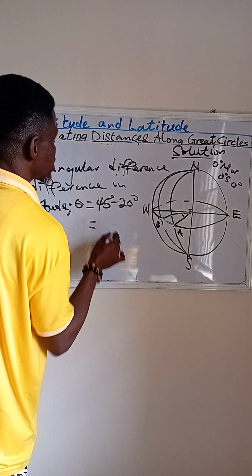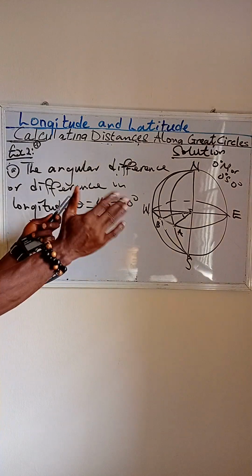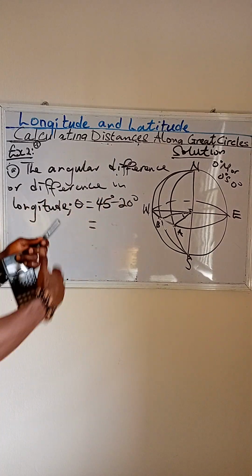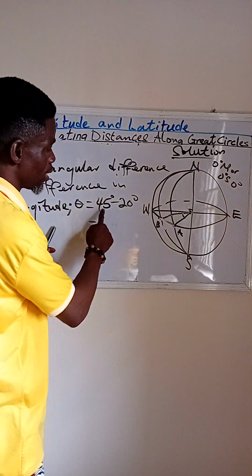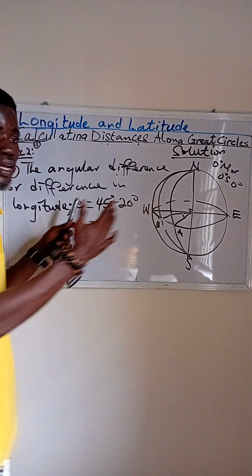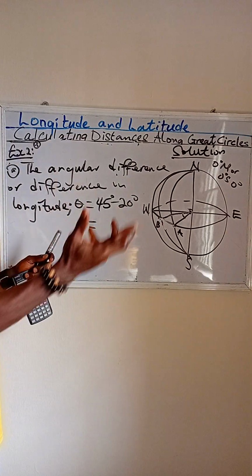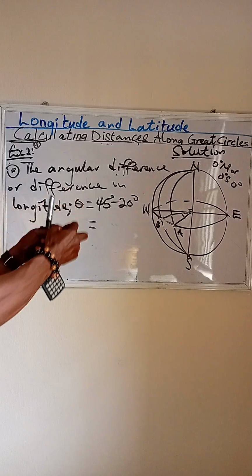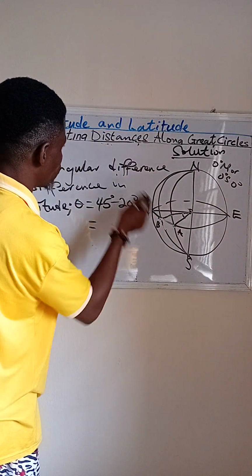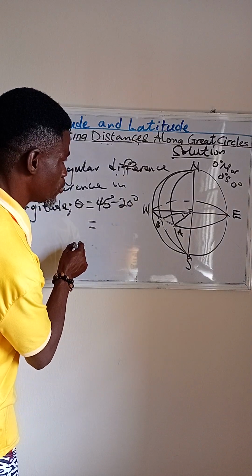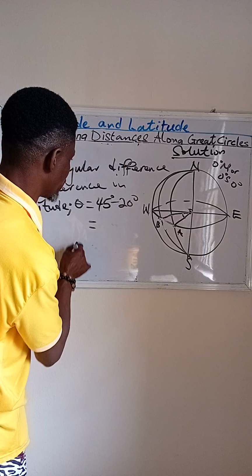Why is it minus this time around? They are minus because they are on the same direction. When they are on the same direction, you subtract them. But when they are on the opposite side, that's when we add them. When you are on the same side, you subtract them.